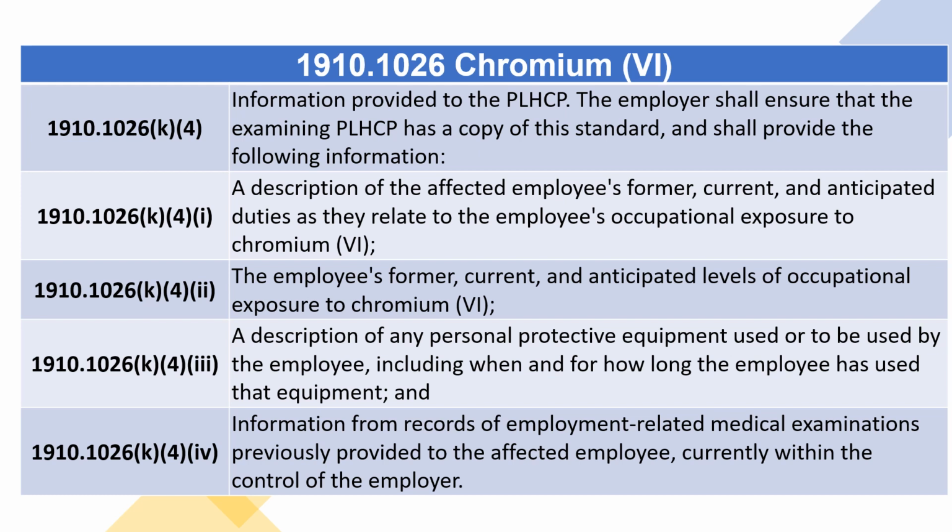The employer shall ensure that the examining PLHCP has a copy of this standard, and shall provide the following information (i) through (iv): a description of the affected employee's former, current, and anticipated duties as they relate to the employee's occupational exposure to chromium (VI); the employee's former, current, and anticipated levels of occupational exposure to chromium (VI); a description of any personal protective equipment used or to be used by the employee, including when and for how long the employee has used that equipment; and information from records of employment-related medical examinations previously provided to the affected employee, currently within the control of the employer.